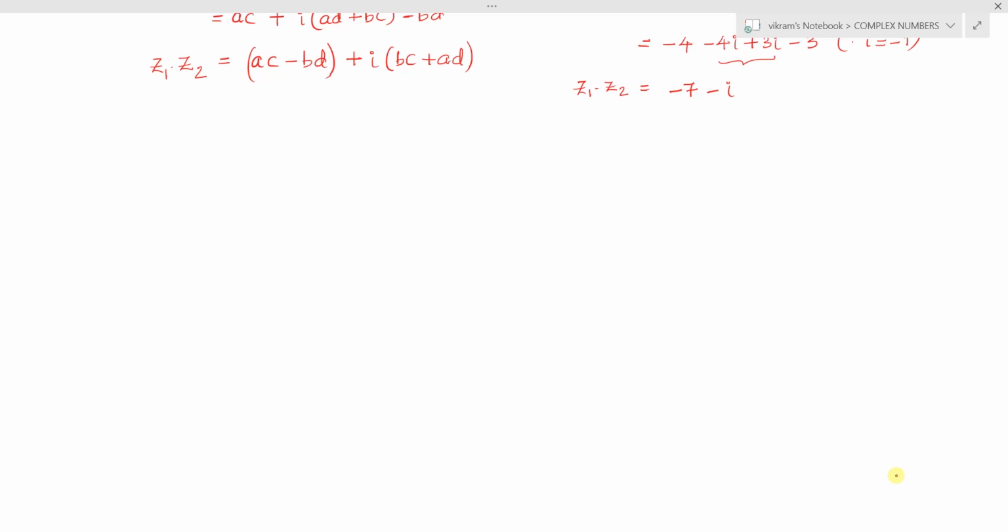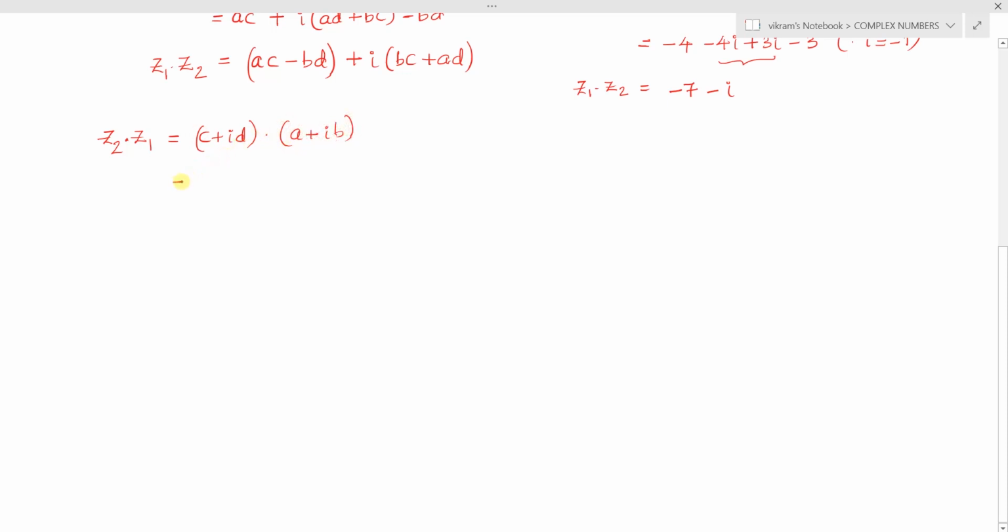Now we'll look at the properties of complex numbers. I am considering z2 into z1, where z2 is c plus id and z1 is a plus ib.